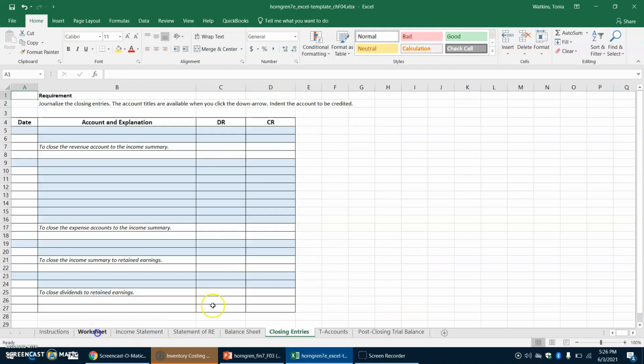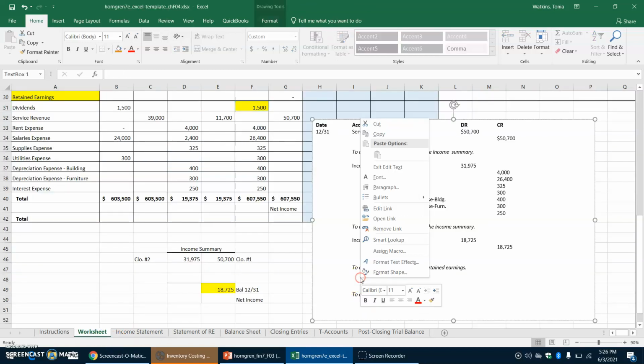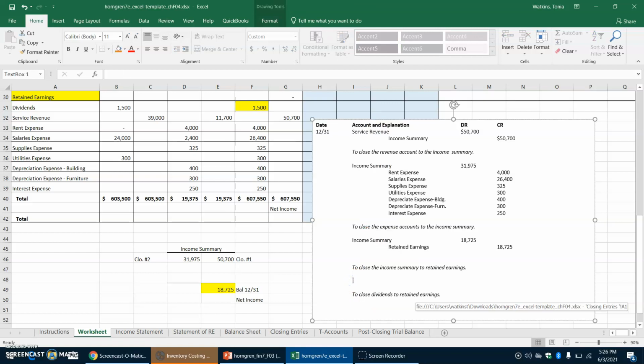Oops. So let me go back. So retained earnings is our debit. And that should make sense because retained earnings is going down. Dividends reduces the amount of money that a company can retain. And how do you show a decrease in retained earnings?